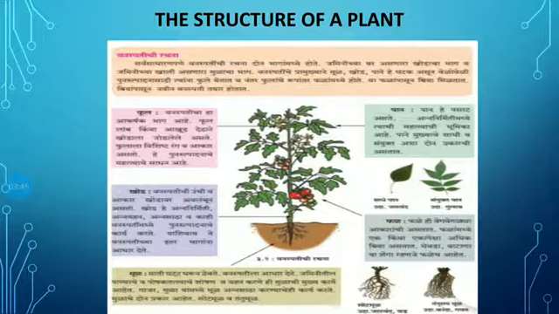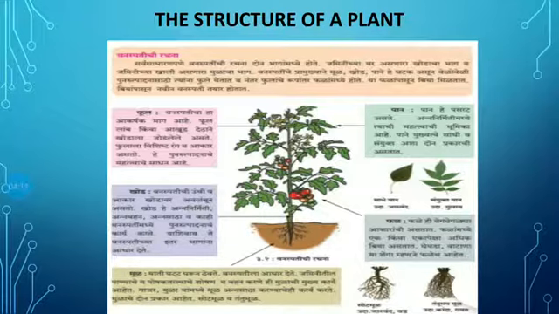You can see or observe both types of roots in the picture present on the screen in the right corner below. See, there is a taproot: hibiscus, banyan; fibrous root: onion, grass. Okay, this is about the root.